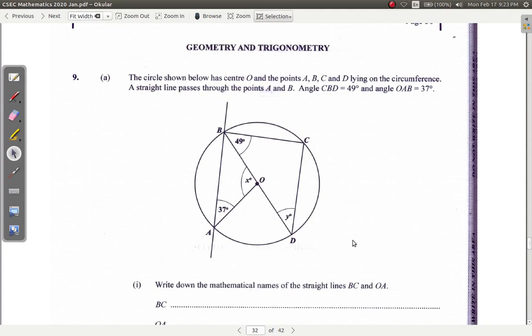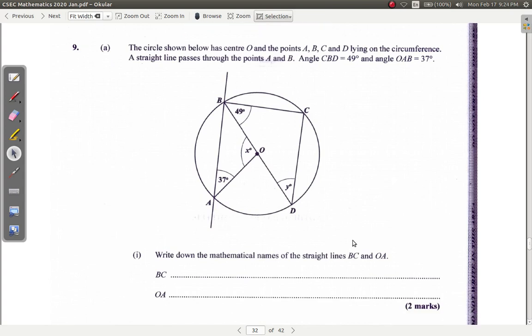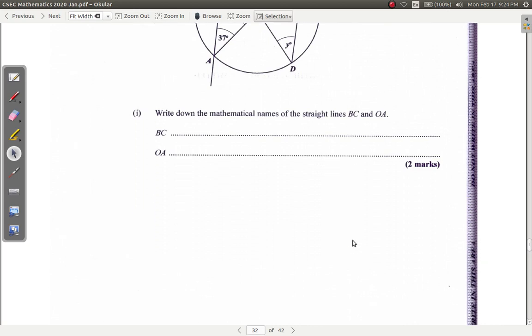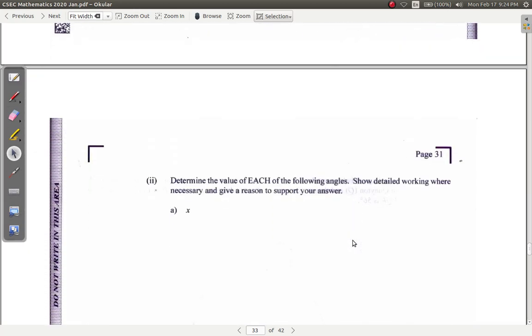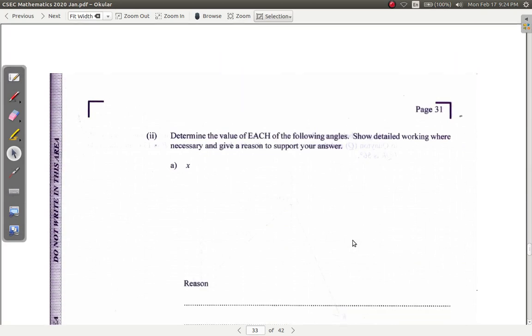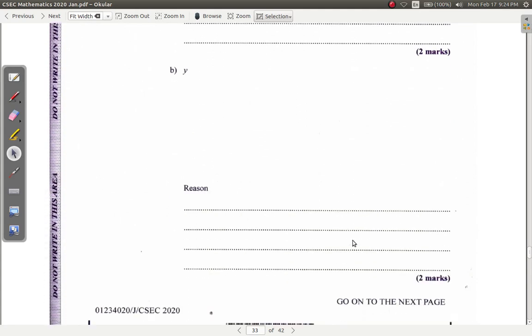Write down the mathematical names of the straight lines, BC and OA. Determine the value of each of the angles. Show detail working where necessary and the reason why.